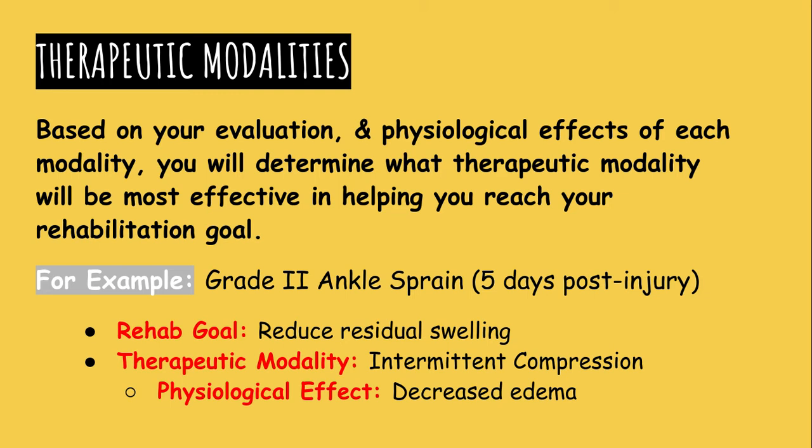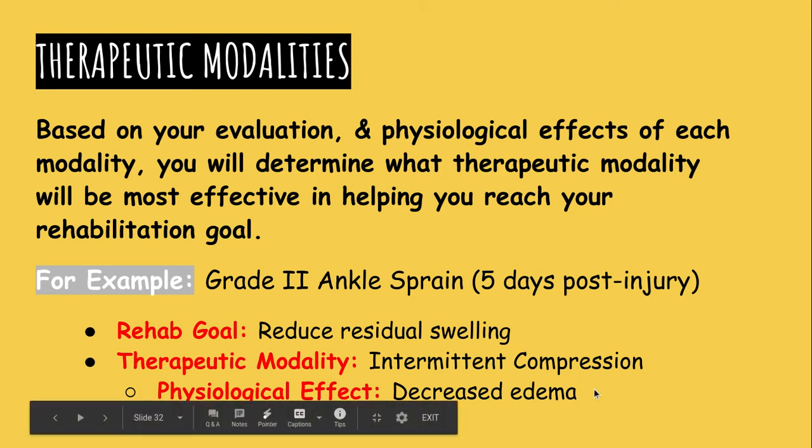This is similar. It's a type of sleeve that you can place on an injured part, and it causes compression and then relaxes, causes compression. That can be considered a pumping mechanism. So if you have swelling, it can help reduce that. Just keep in mind edema and swelling are the same thing. So if we're talking about decreasing edema, you're trying to decrease swelling.